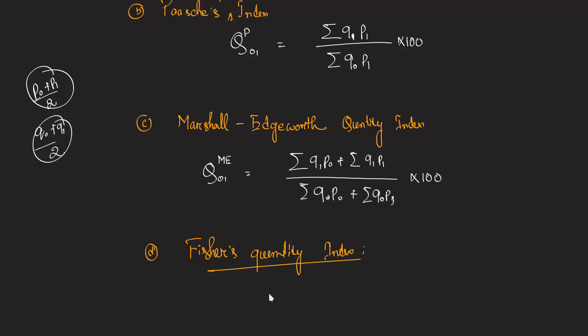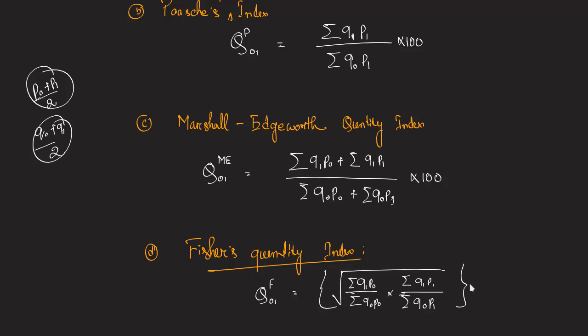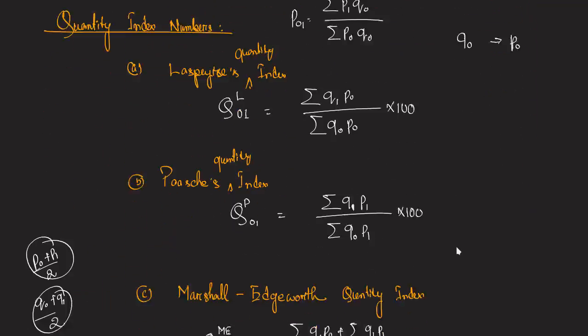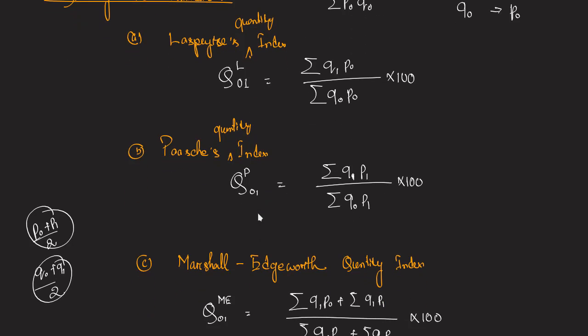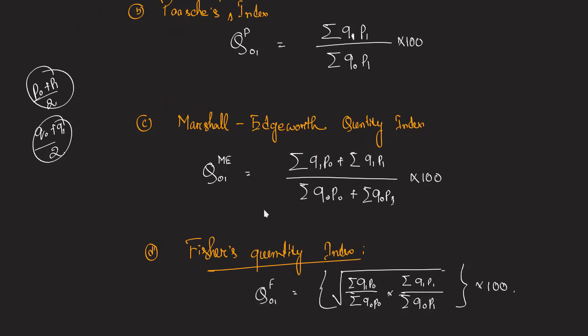After simplification you will get Q01 Fisher is equal to root over summation Q1 P0 over summation Q0 P0, times summation Q1 P1 over summation Q0 P1, this whole thing into 100, right? So that is Fisher's quantity index number. So we have now written the price index formulas and quantity index formulas for Laspeyres, Paasche, Marshall Edgeworth and Fisher's.